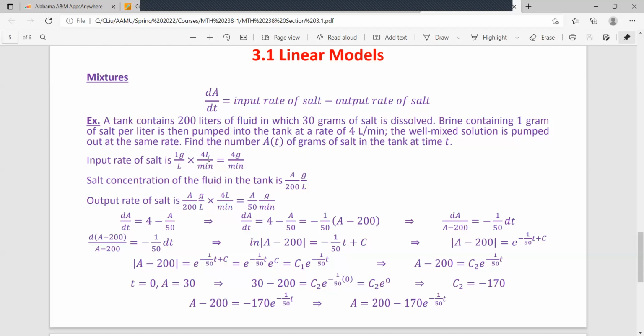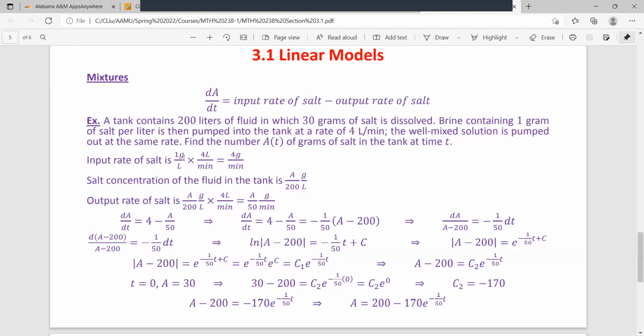It says 1 gram per liter, that's the concentration of the input flow, and 4 liters per minute is the actual input flow.